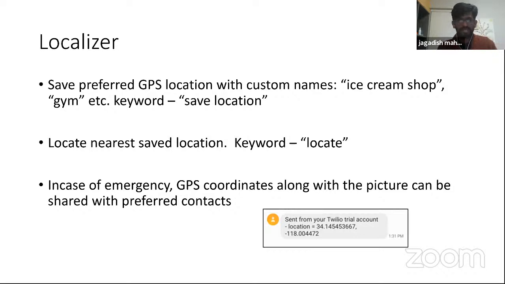Apart from this, the user can also send the GPS coordinates to preferred contacts via SMS. Here is a sample snapshot of the sent GPS to the user, and we can see the GPS coordinates being listed in the SMS here.